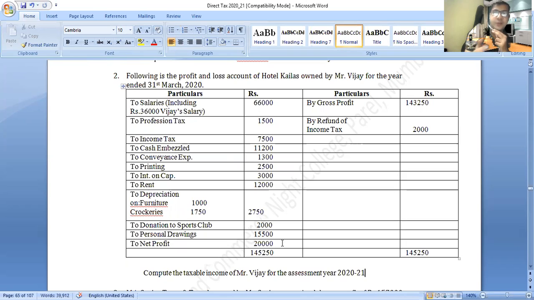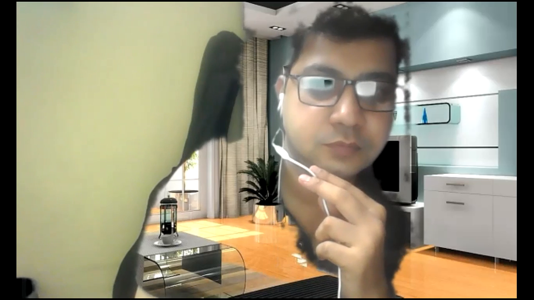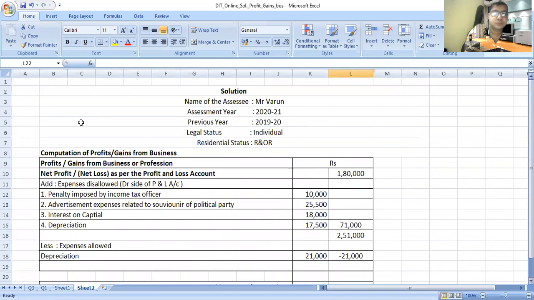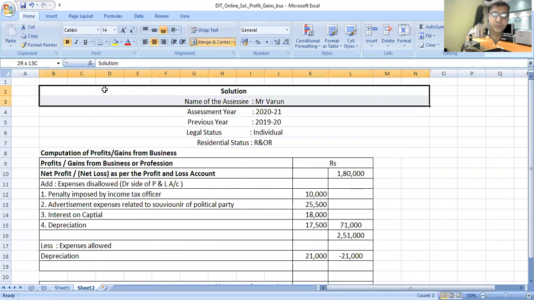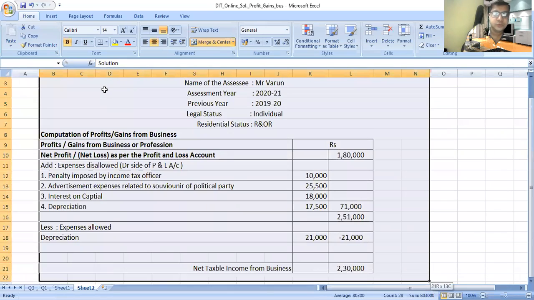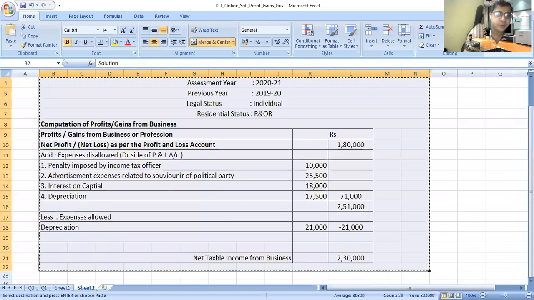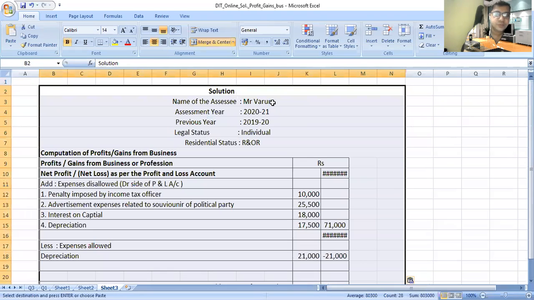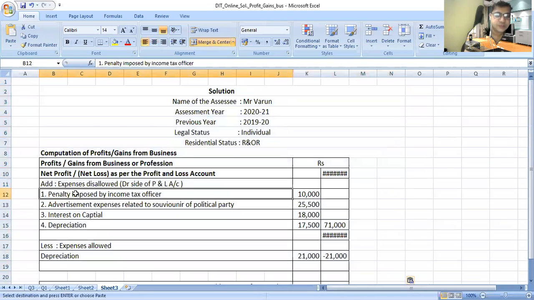So we have to apply whatever format and rules there are. We have to use the same format for this problem.